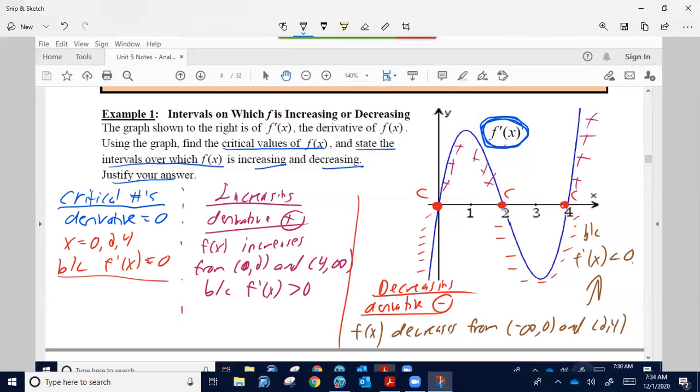So this graph, the original problem, will fall, rise, fall, and then rise again.